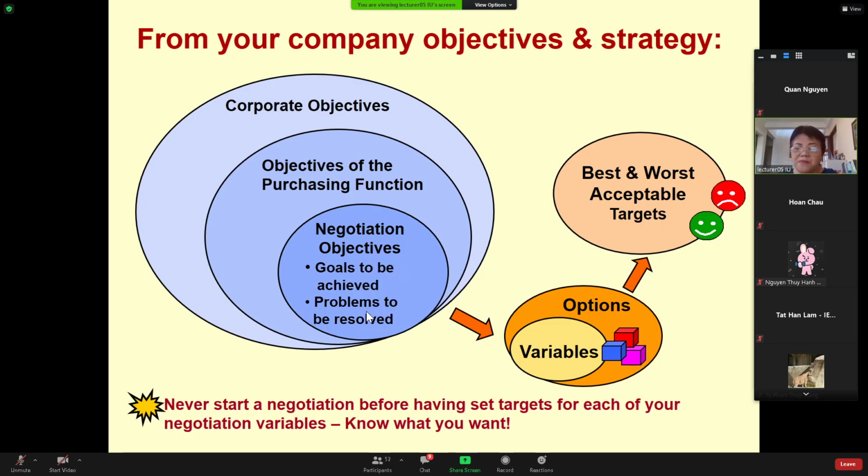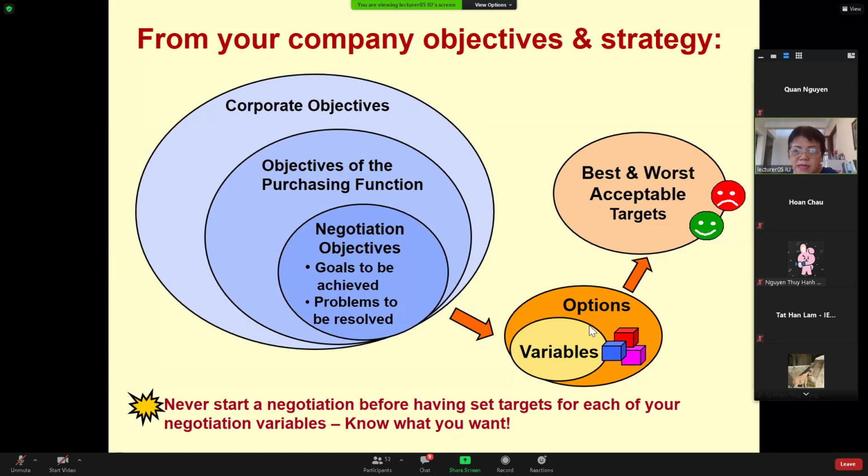Before you do the negotiation, you should understand what is the problem to be solved. The problem to be solved could be that the price is too high. It could be that they are too late and cannot meet the deadline. It could be a personal problem.